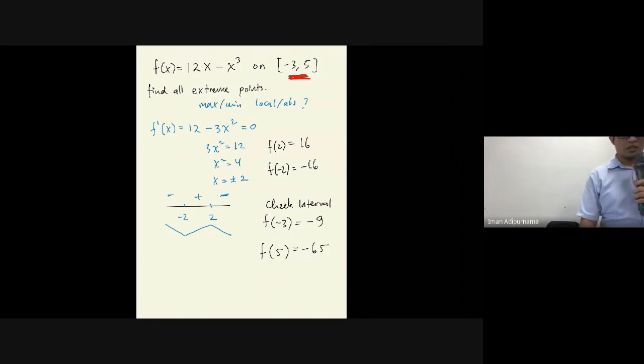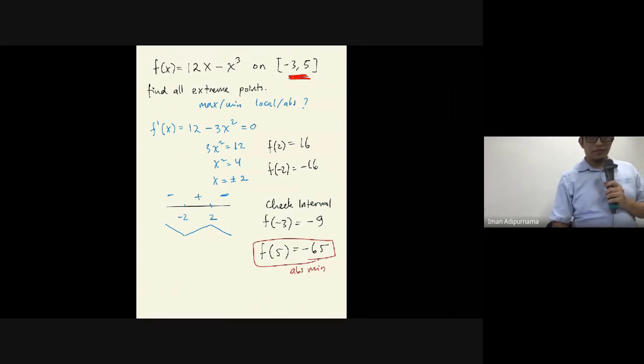Now you have -65, which is lower than -16, right? So this will be the absolute minimum. This is the absolute max. This is just a local max and local min.